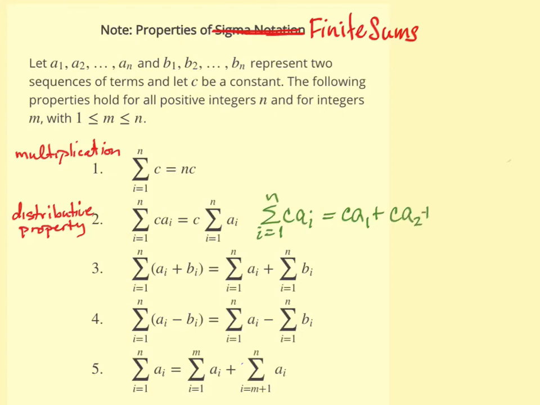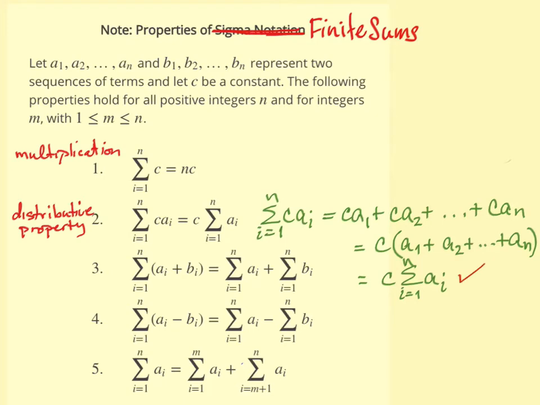So it's c times a1 plus c times a2 plus dot dot dot c times an will be the last term. All the a's are different, but the c's are the same, so we can pull the c out and just multiply it by a1 plus a2 plus a3 plus up to an. And now we can write that finite sum, those n terms added together, in sigma notation. So we get c times the sum from 1 to n of a sub i. So that's the distributive property.